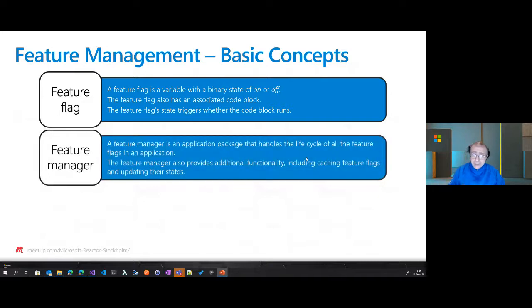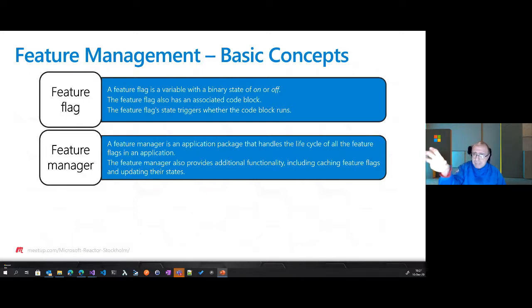The feature manager is the software, the service you use to manage the switches, okay? And the idea is you can manage these switches manually, but you can integrate the on-off of the switch with the DevOps pipeline. App configuration allows you to do that.